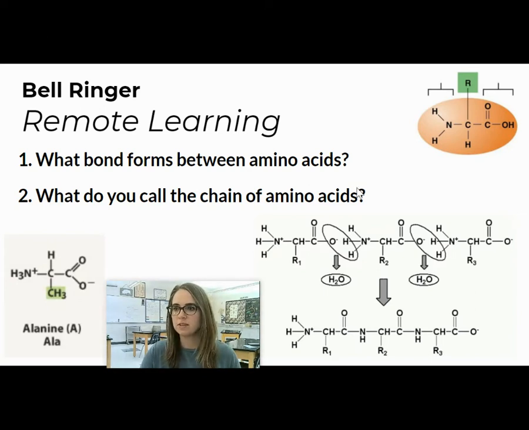So this was the structure of our basic amino acid. You can see down here I have alanine as an example. This is just flipped over, kind of upside down compared to the one that we have in our notes here. But you see the hydrogen, central carbon, the amino group, and the carboxyl group. Over here we have our central carbon, the hydrogen. We have our carboxyl group and the amino group.